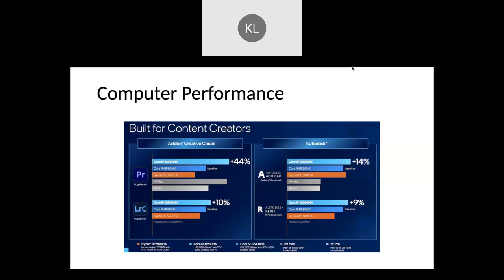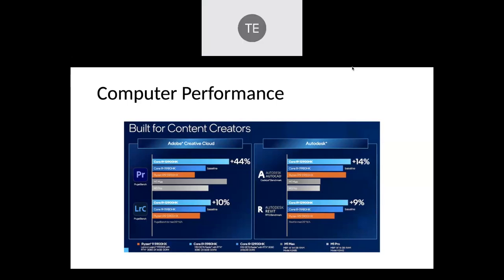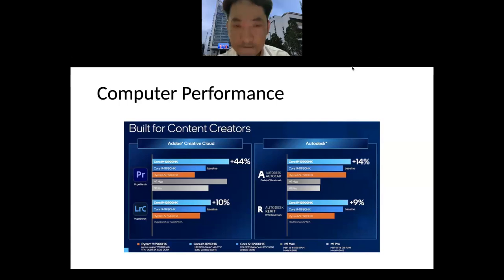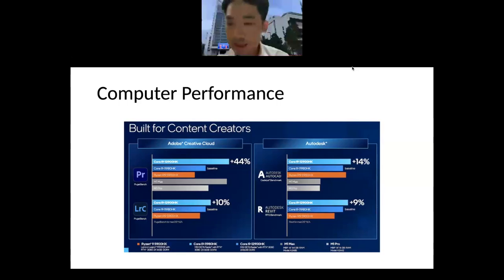Yeah. Anything else? Thank you for that point of view. This picture also shows that the newest generation of Intel runs faster than the old generation. Yeah, at maximum, like Adobe, up to 44%. Right. Thank you very much. Anything else?